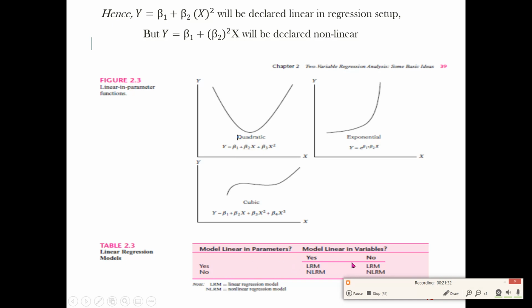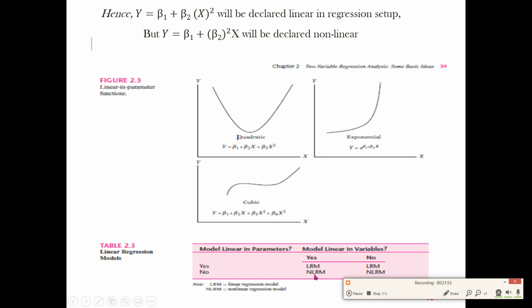By looking at the table given below, I won't read all the cells, but for example, if there is a model which is linear in parameter and it's linear in variables, that is, all the variables have power 1, all the parameters have power 1, of course it is linear.